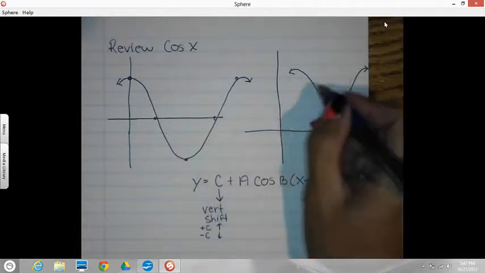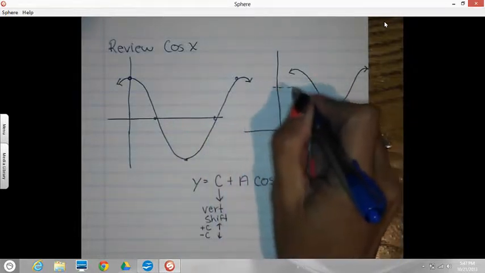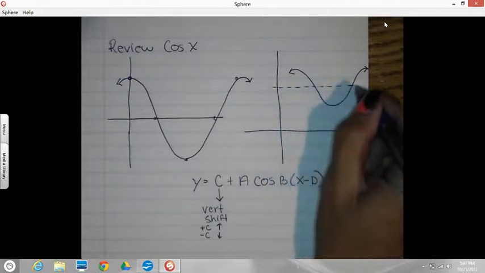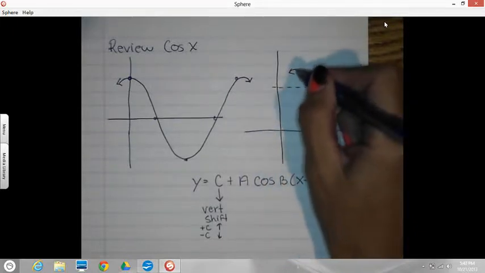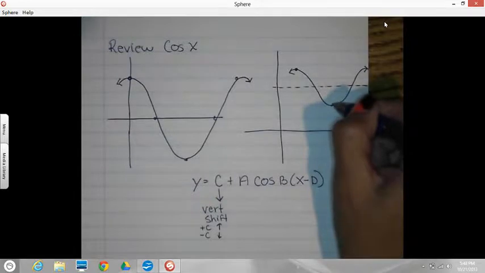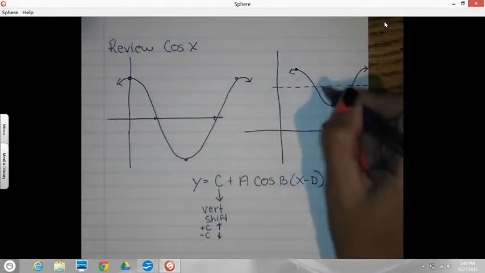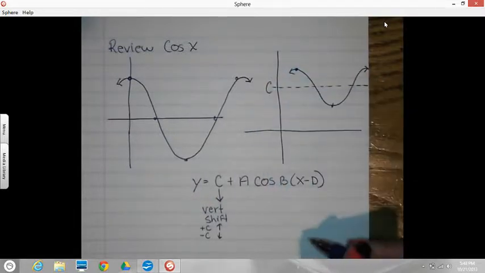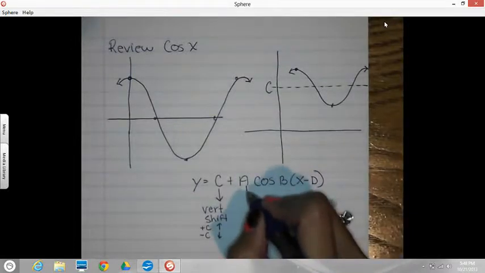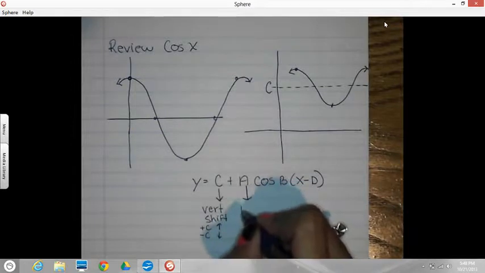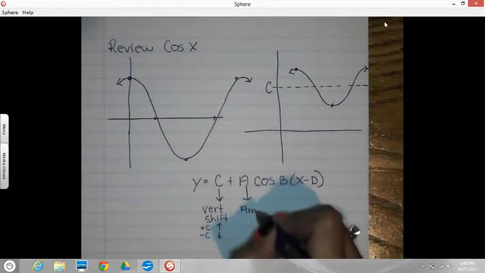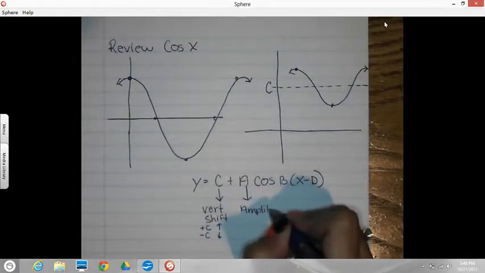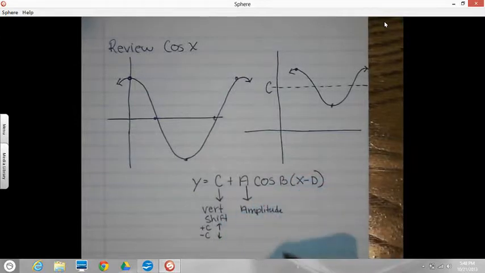So on this one, you would want to find the middle. And by middle, I mean halfway between the max and the min. We want right through the middle. That's going to be your c value. Okay. The a was your amplitude. And that was the distance from the axis to the max or the distance from the axis to the min.